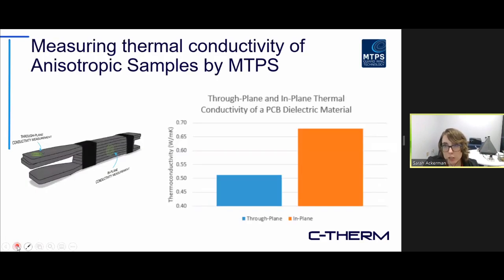You can also use the MTPS because it has that one-dimensional measurement that I mentioned before. You can use it to test anisotropic materials. Specifically, in this case, you would reorient the sample so that the direction on which you want to measure is normal to the sensor surface. And on the right-hand side, this is some practical data that was collected on an FR4 board, looking at the in-plane thermal conductivity and the through-plane thermal conductivity of that material.